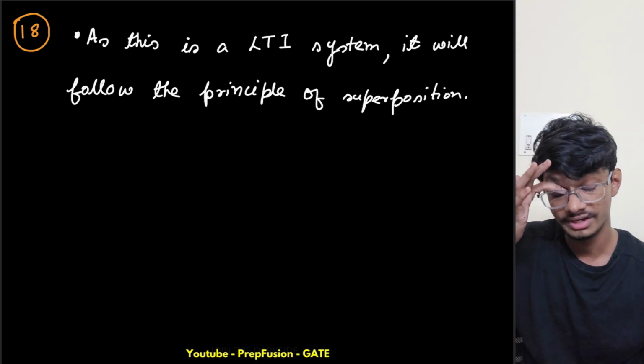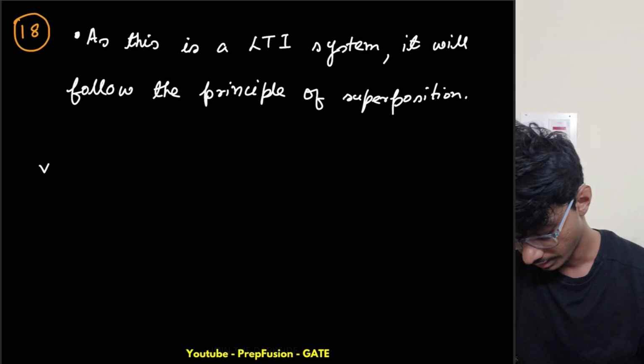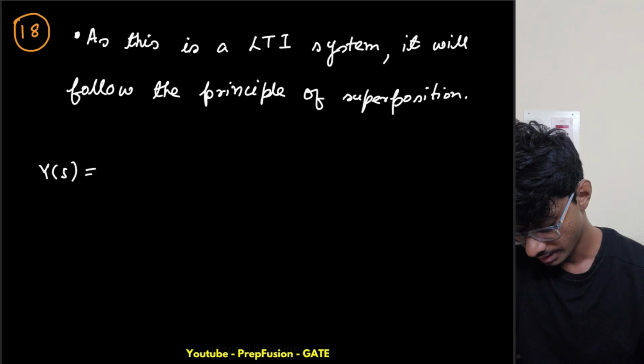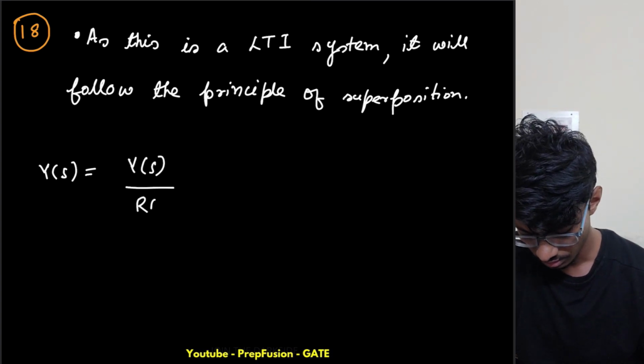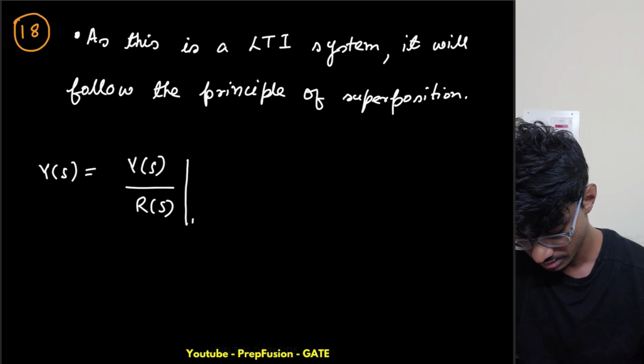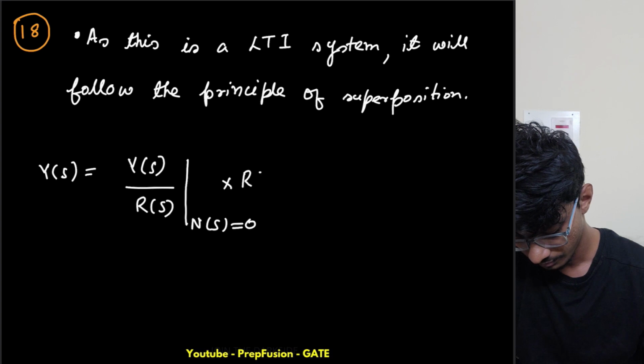So how will I write it? Basically I can write y of s as a function of simply the transfer function y of s upon r of s when the noise is 0, multiplied by r of s, right?